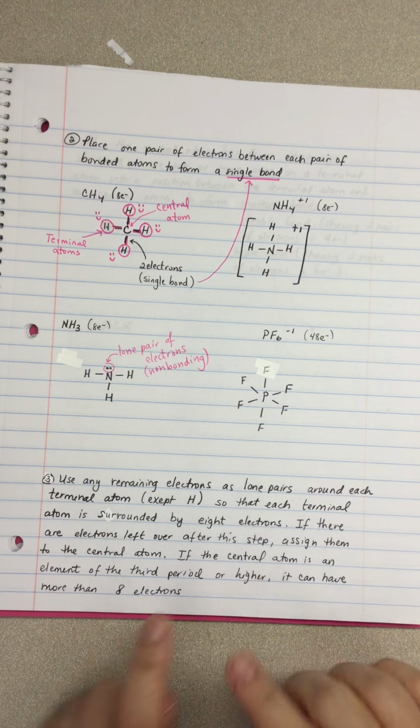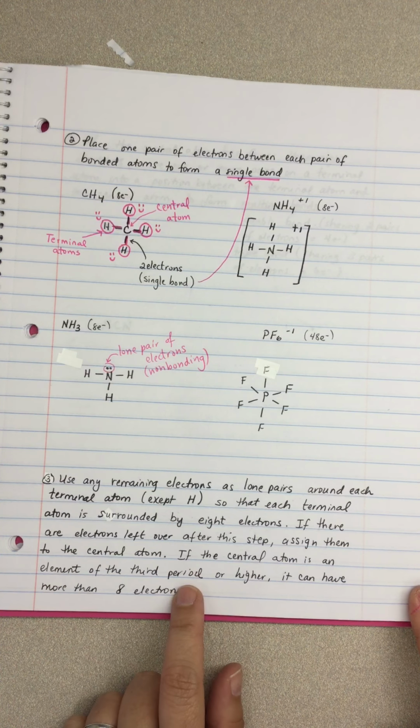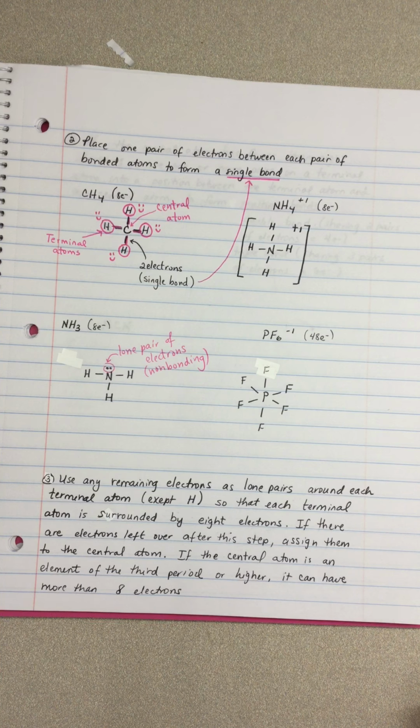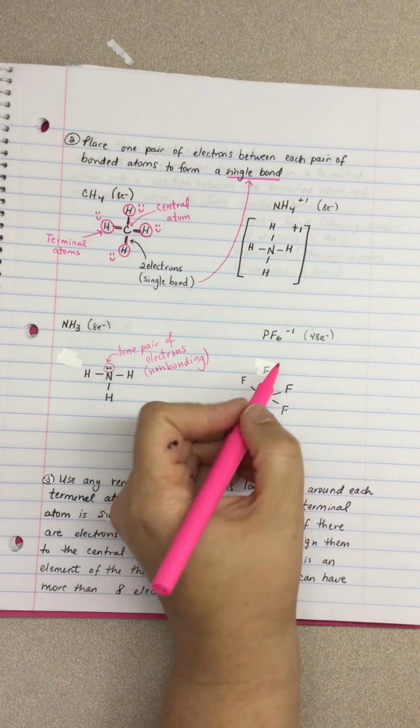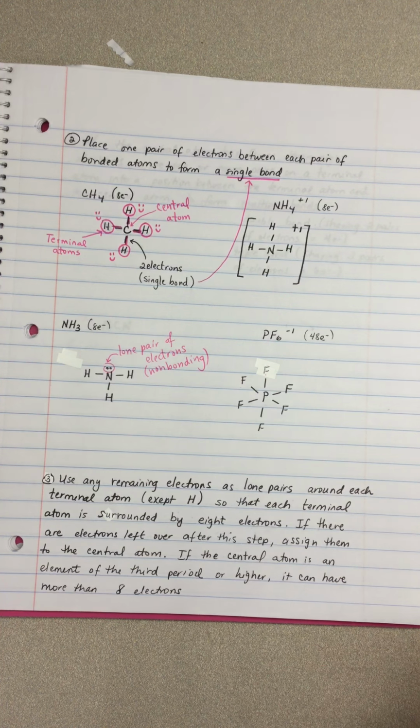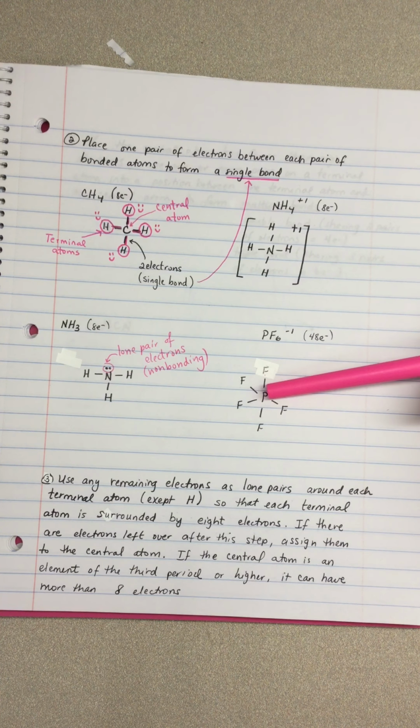So we complete the octet by adding pairs of electrons around that atom. I'm going to start with this F here. That F is sharing 2 electrons with the central P, which means that to get to 8, that F is missing 6 electrons, because remember, you need an octet with 8 electrons.